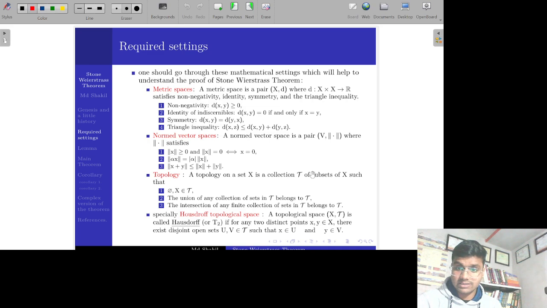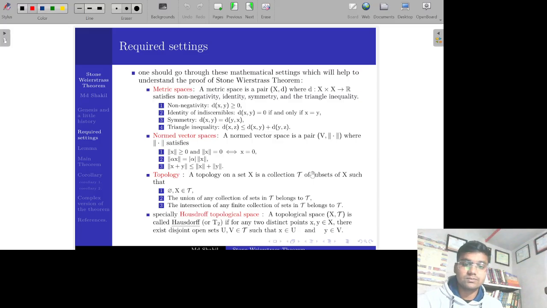If V is a vector space, a norm is a function from V to R. It has some properties: norm of x is greater than or equal to 0, and norm of x is 0 if and only if x equals 0, and norm of alpha x is equal to modulus of alpha times norm of x, and norm of x plus y is less than or equal to norm x plus norm y. This is known as the triangle inequality.